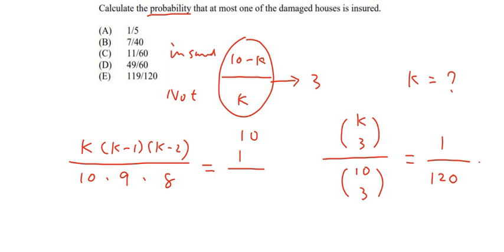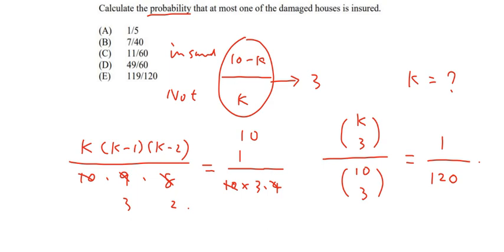So 120 we can write as 10 times 3 times 4, right? So we can cancel, and we can find this K. Okay, so it becomes 3. Anyway, solving this K is easy.